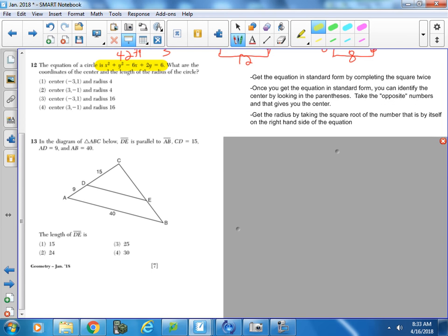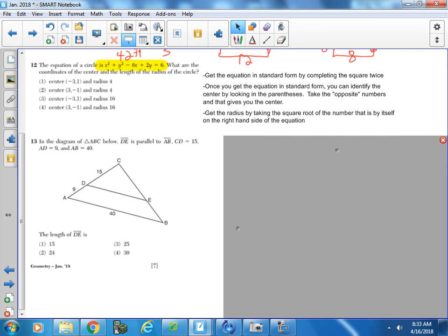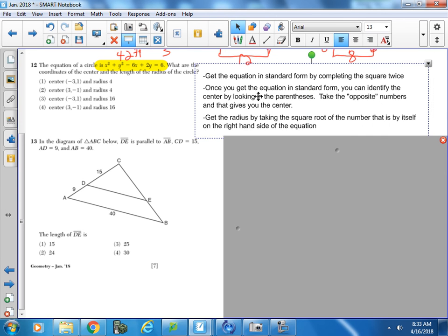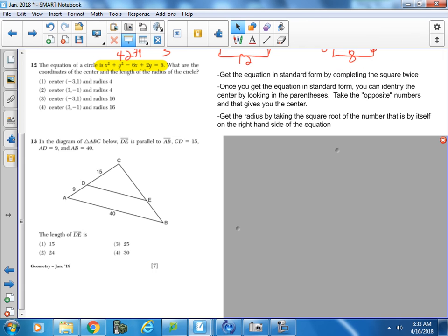I'm going to give you some notes that I want you to write down. The first thing you're going to have to do is get the equation in standard form by completing the square. And you're going to have to do it twice in this case.